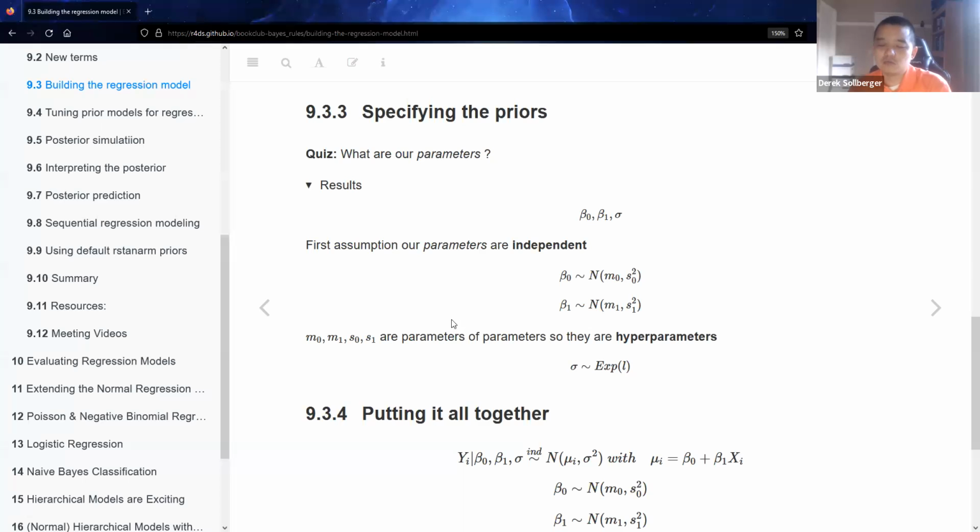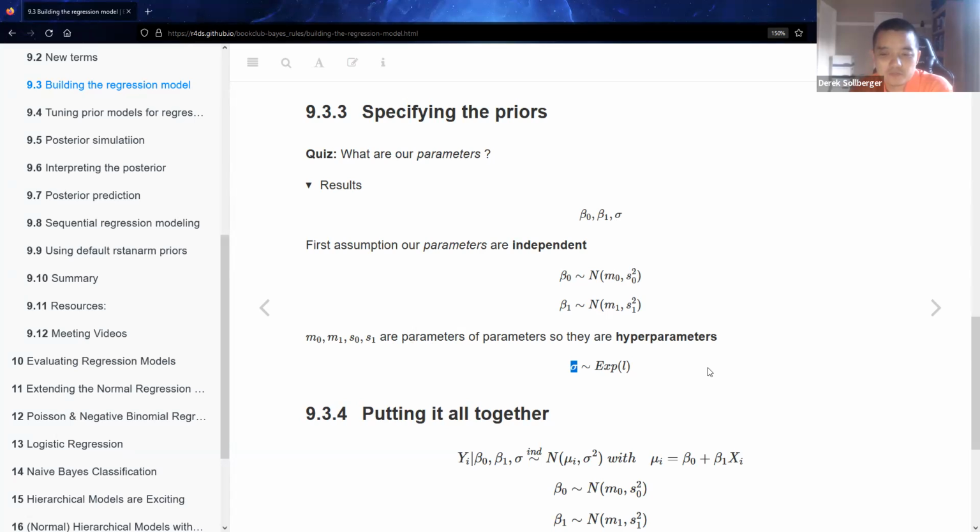With our linear relationship in mind, we have these three parameters, beta naught, beta 1, and sigma. Once again, we're going to assume normal distributions for the beta parameters. Just be mindful that they themselves might have different means and different variances. Those are the hyperparameters of our situation.